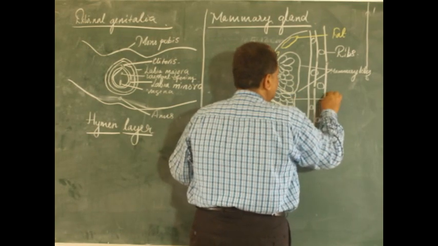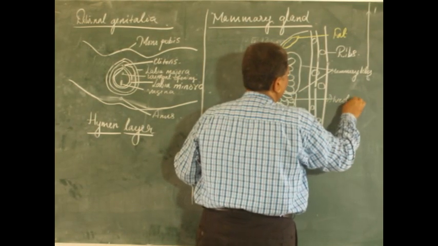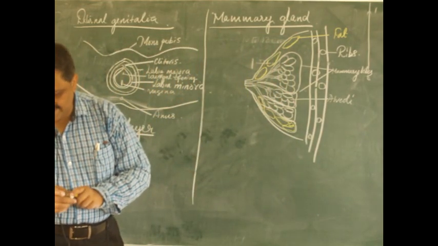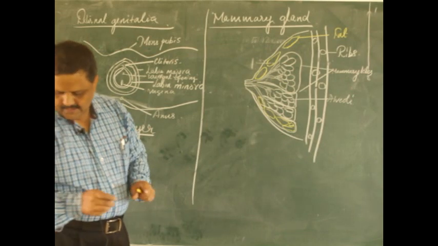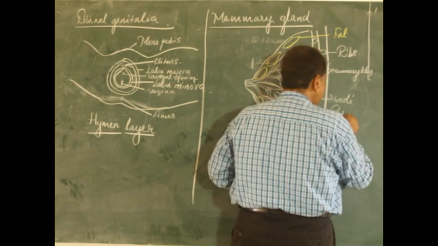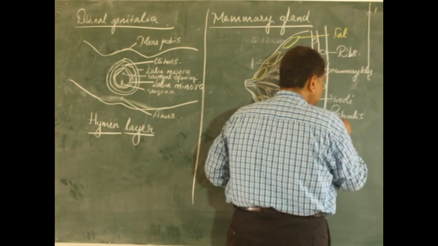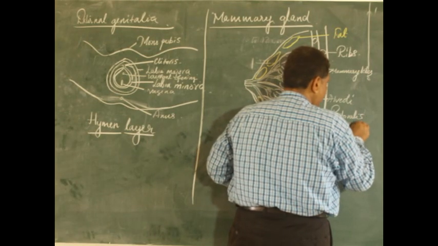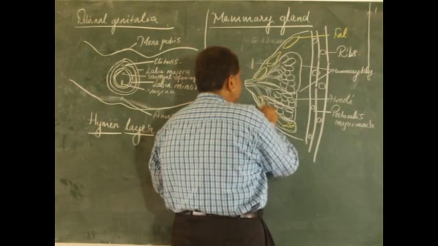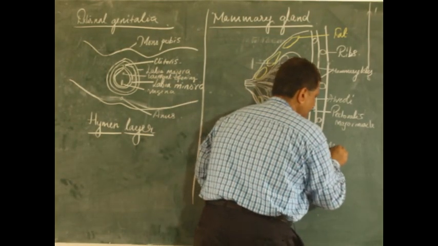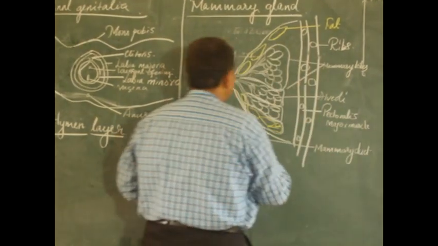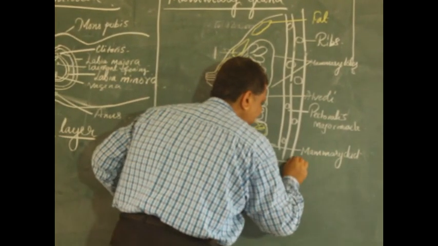And the sac-like structure is called alveoli. There are many sac-like structures. They are called alveoli. And here this is called the pectoralis major muscle. And the mammary duct. Many mammary ducts join together to form the lactiferous duct.